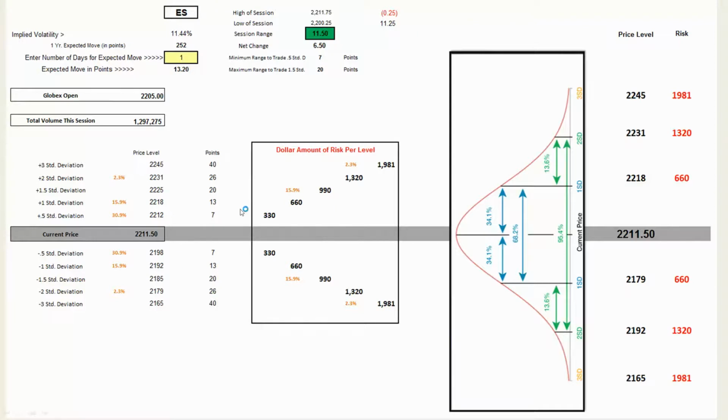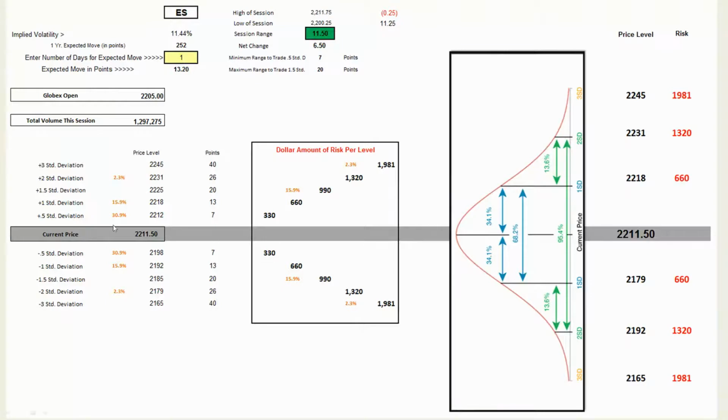And look at half a standard deviation, which isn't very much. In this case, based on today's range, it's about 7 points. So obviously, if you sold the open at 2205, you've got a 7-point range to the top and 7 to the bottom. So that's 2212. And I know most people don't use 7-point stops. But look at the probabilities.